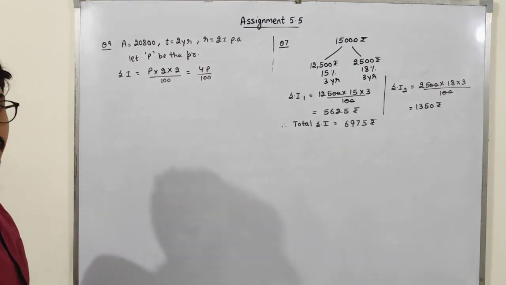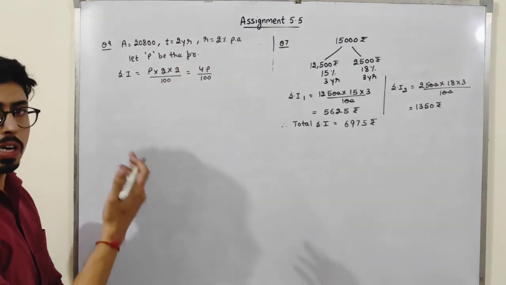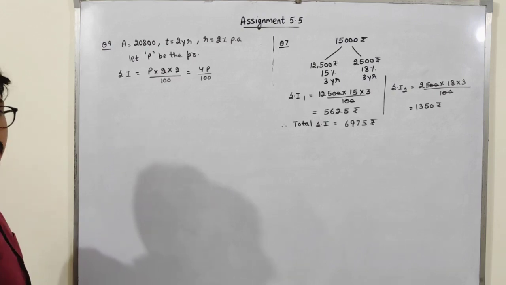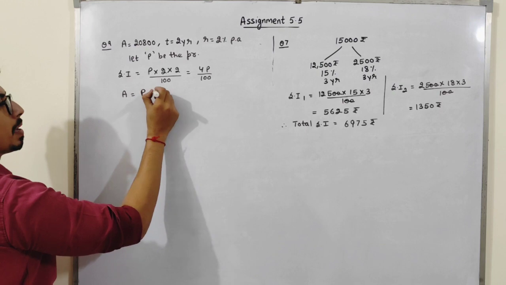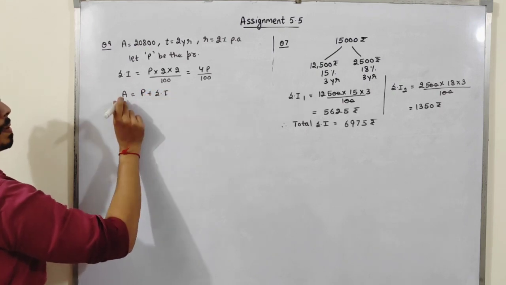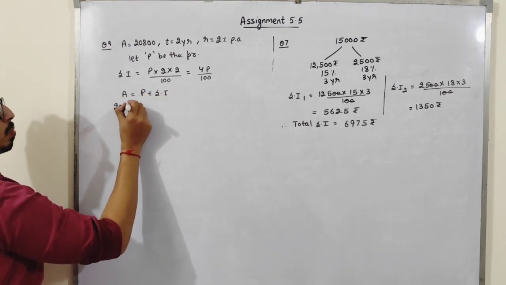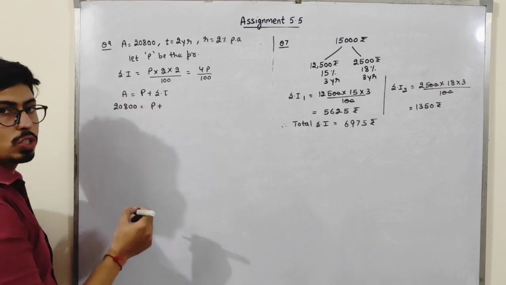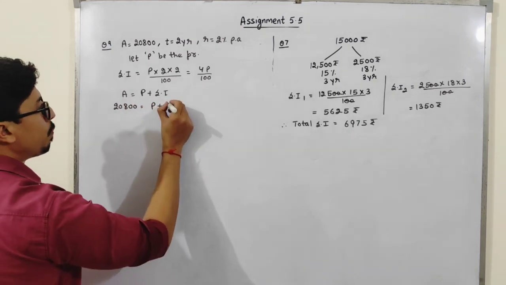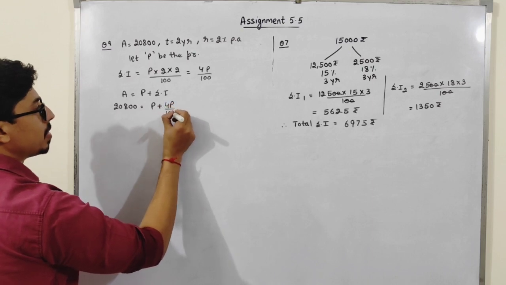I'm not going to cancel these now, I will do it later. We know that amount is equal to principal plus simple interest. Amount is 20,800 rupees, principal is P, that I have assumed, simple interest is 4P by 100.